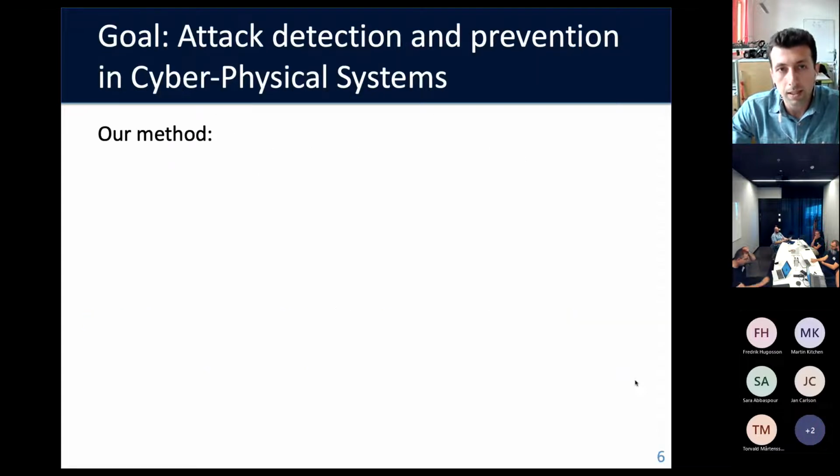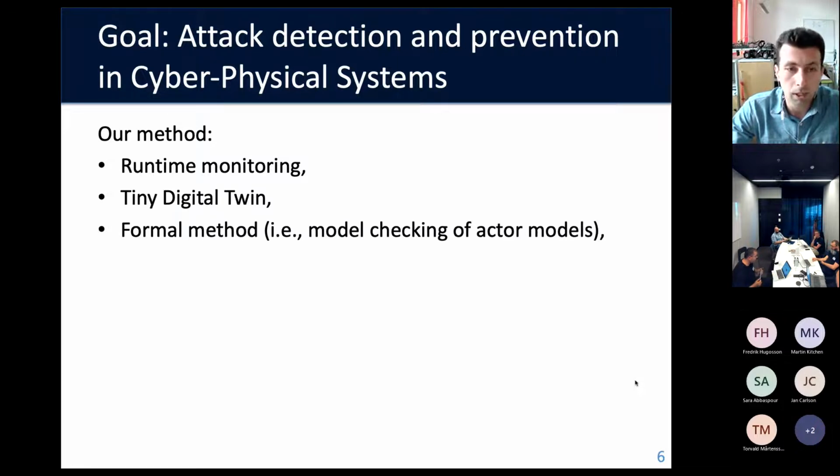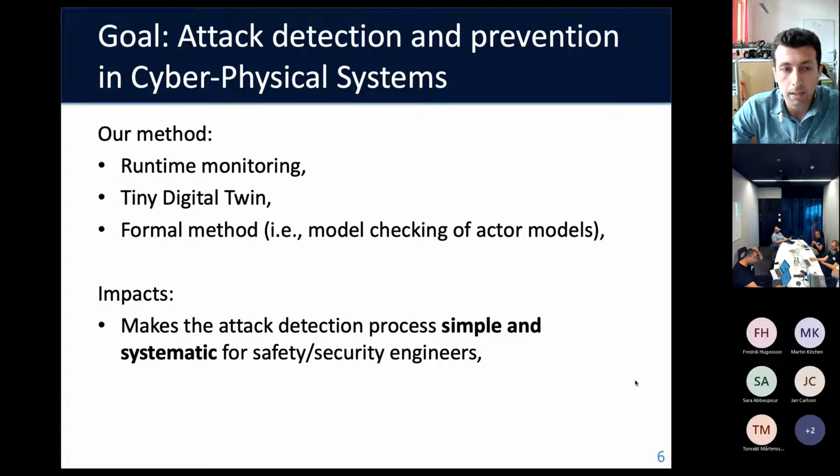Based on that, we take as our goal attack detection and prevention in the cyber physical system. We do runtime monitoring by using the tiny digital twin. This tiny digital twin is a formal model, an abstract behavior model generated by formal methods, specifically model checking of an actor model. Later I will explain what the actor model is here.